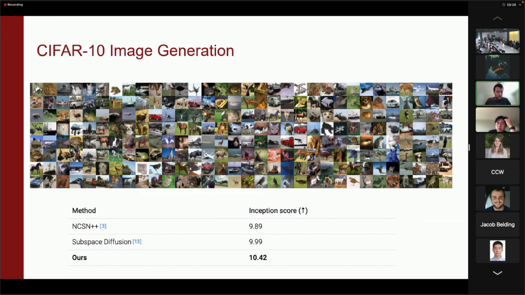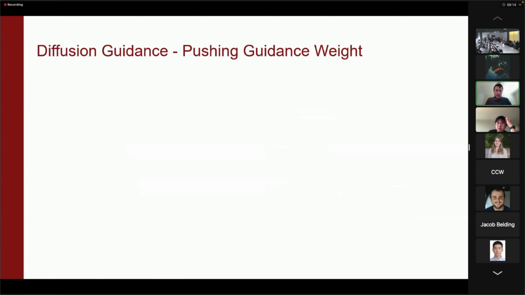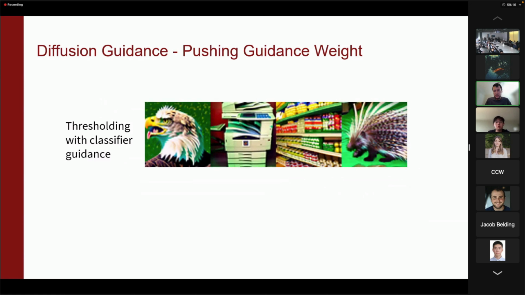You can improve sample quality metrics like inception scores on classic data sets like CIFAR-10. And it actually helps you deal with controllable generation settings. If you have some kind of classifier that is trying to push your samples to be consistent with some measurement, thresholding can still cause problems.